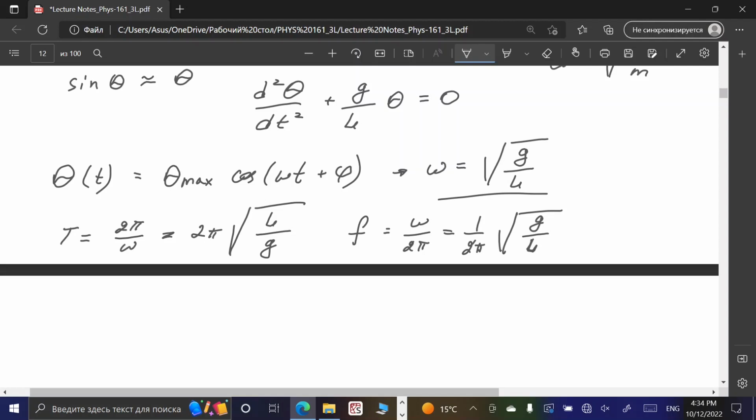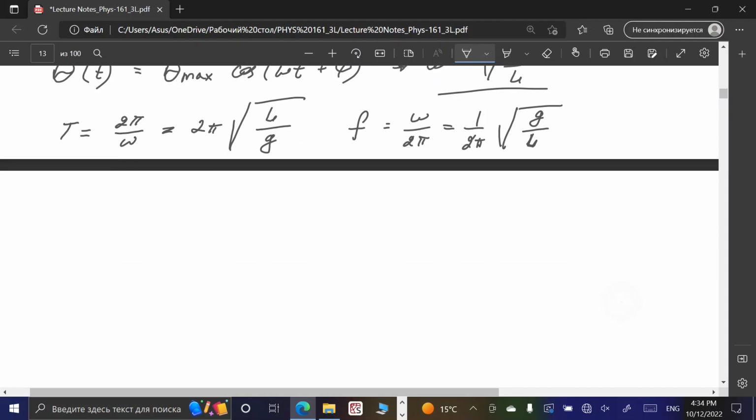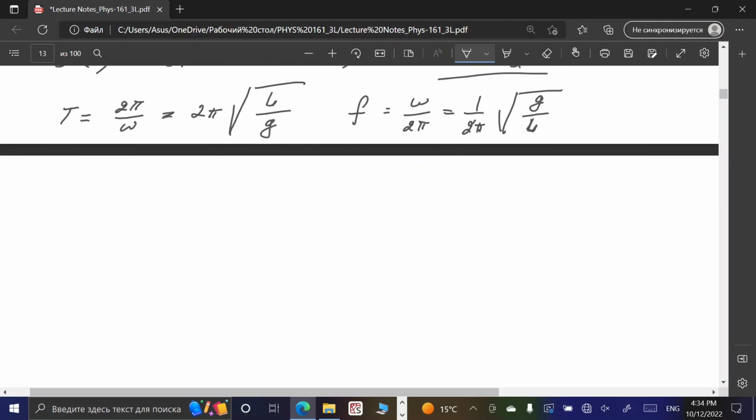If you can design something similar to a mathematical pendulum, you can even apply this equation and double check if indeed acceleration of free fall is something close to 9.8. If you get a value different by an order of magnitude, then most likely your pendulum is not very mathematical.